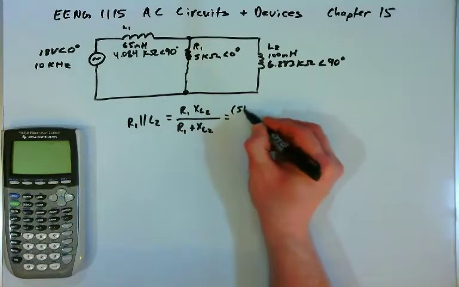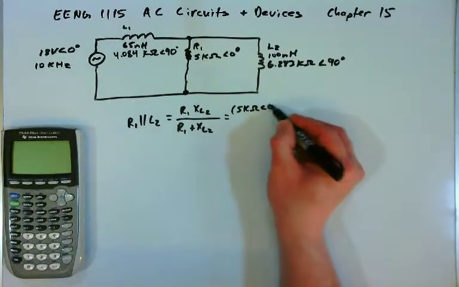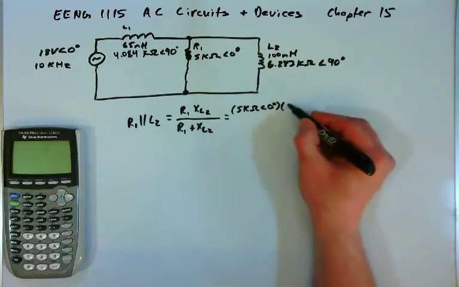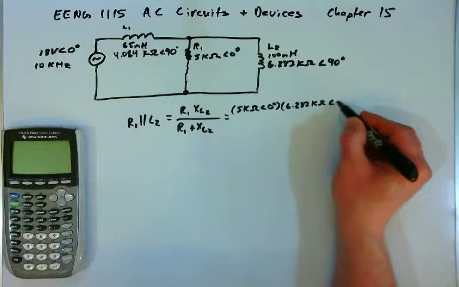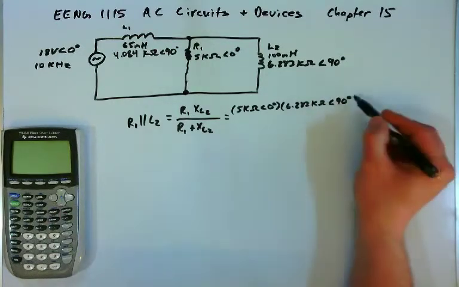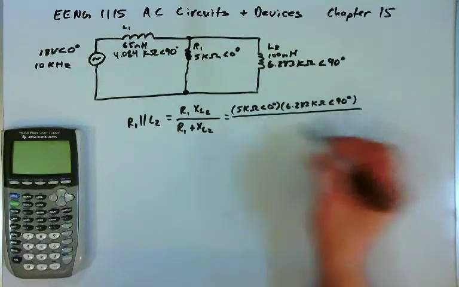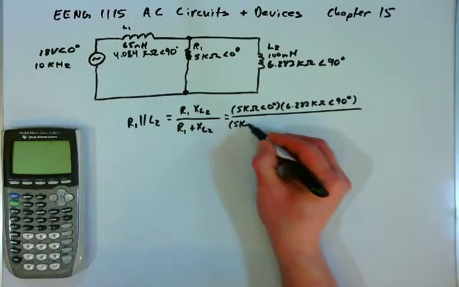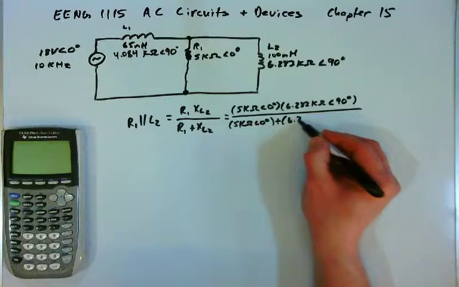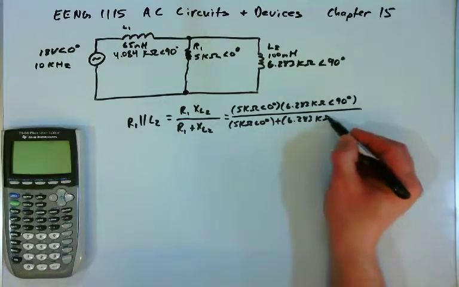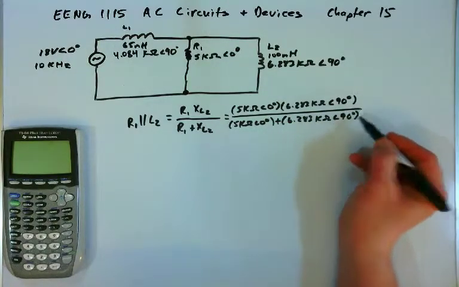And so the product will be 5 kilo ohms at 0 degrees times 6.283 kilo ohms at 90 degrees, divided by the sum, 5 kilo ohms at 0 degrees plus 6.283 kilo ohms at 90 degrees.